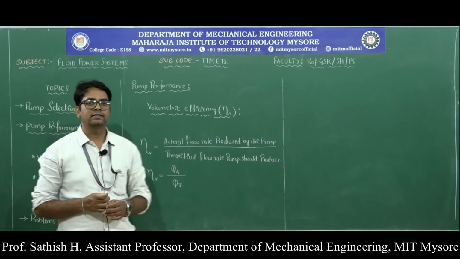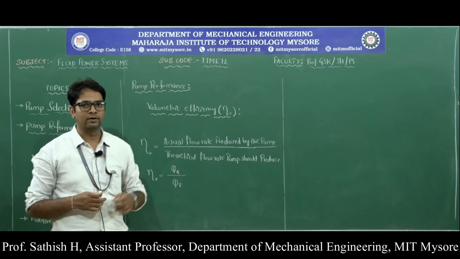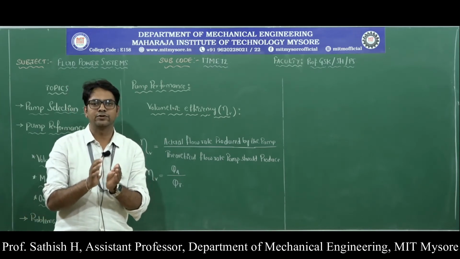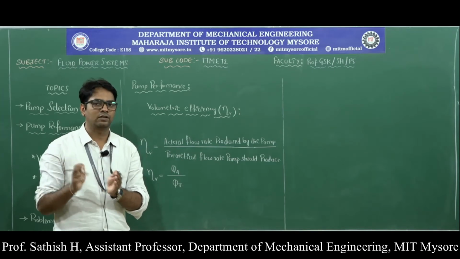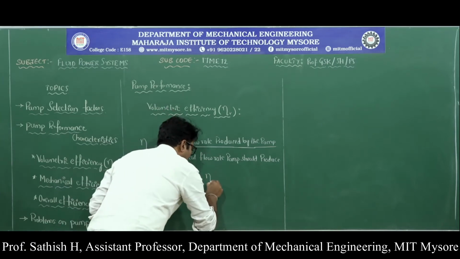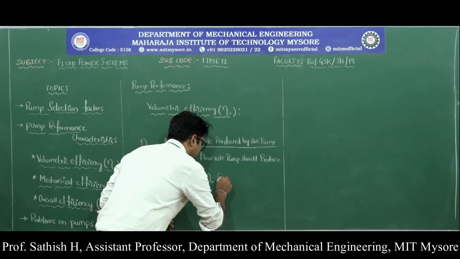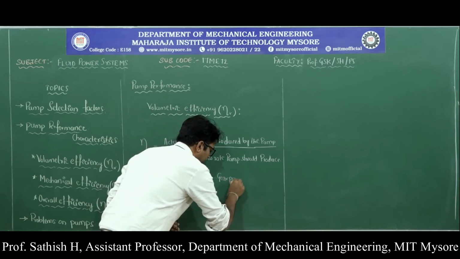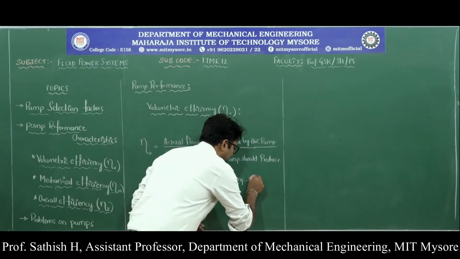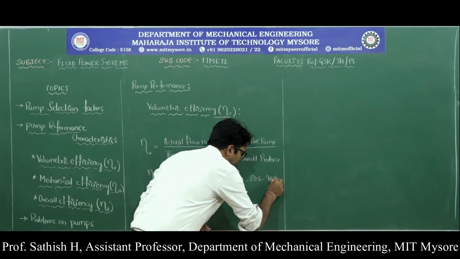If you take the different types of pumps, we know that we have gear pumps, vane pumps and piston pumps. We will see what the volumetric efficiency of these pumps is. First, the volumetric efficiency of the gear pump is in the range of 80% to 90%.